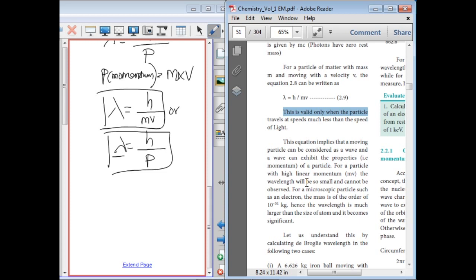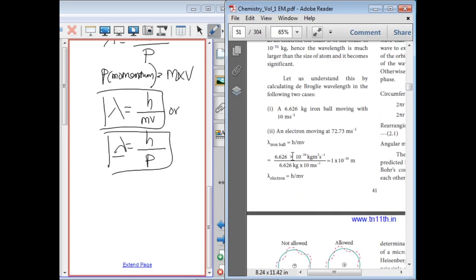The microscopic particle means a minute particle. We can easily find out the wavelength. The minute particle has a higher wavelength, the larger particle has a very small wavelength. So we cannot predict it for the larger particle.